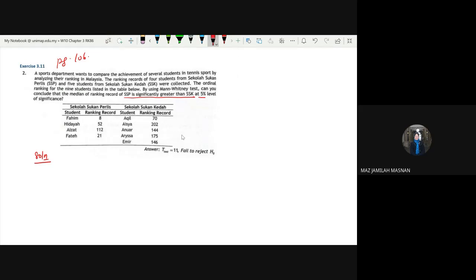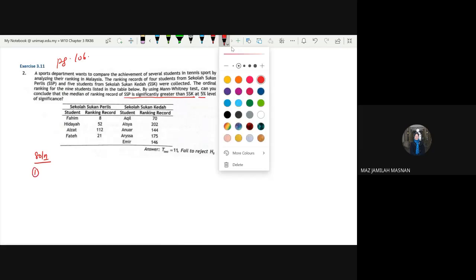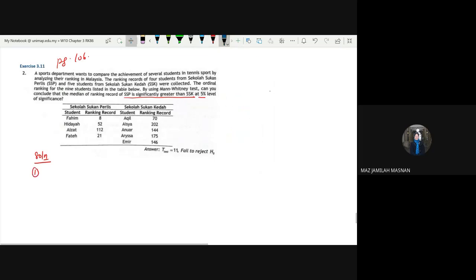Okay, so let's say we use the blue pen. Step number 1 is your hypothesis statement.